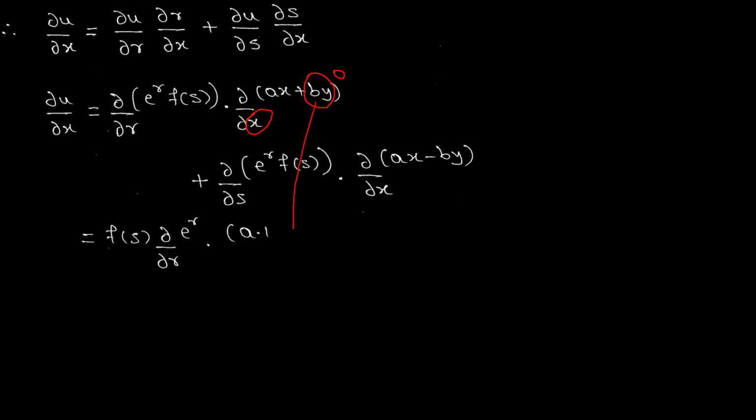We will write plus 0 here. And the derivative of this, here we are differentiating partially with respect to s. Therefore, e to the power r will remain as constant, which has to be taken outside the derivative. Differentiation of f of s with respect to s we have written here.